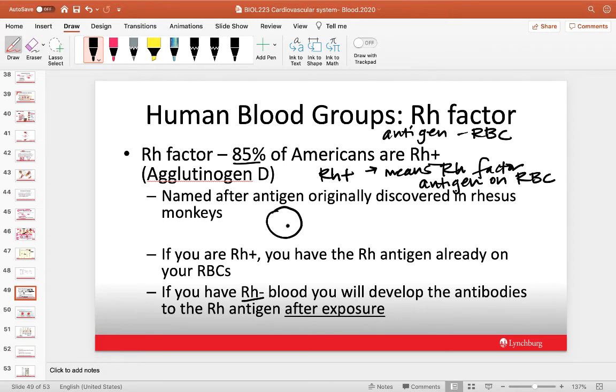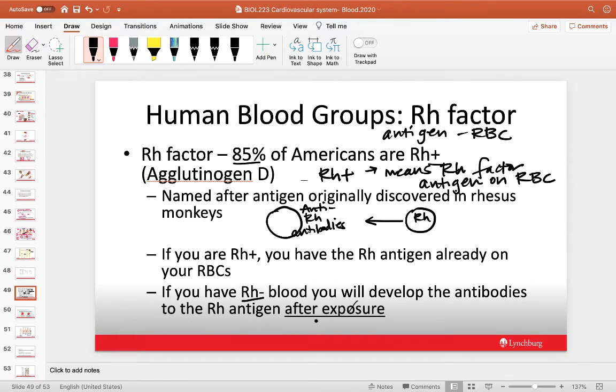And if you are given blood that has the Rh factor, your blood is going to see this blood as foreign, and it's going to develop antibodies against this foreign antigen. So now this blood is going to develop anti-Rh antibodies that are going to then attack any Rh antigen that they come into contact with.